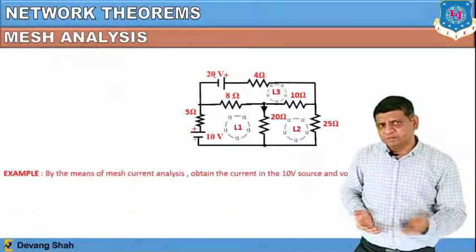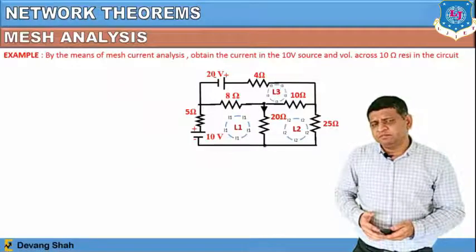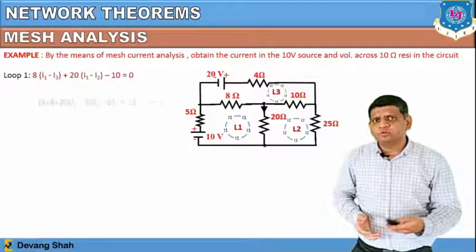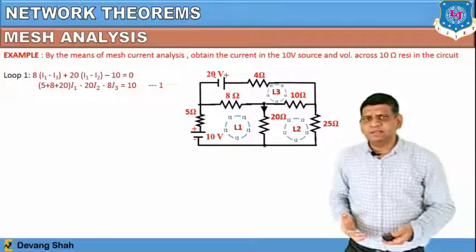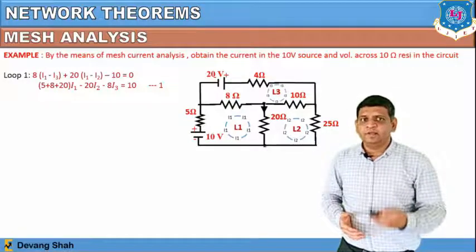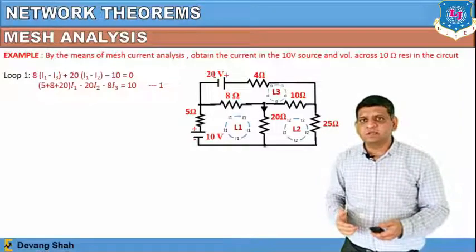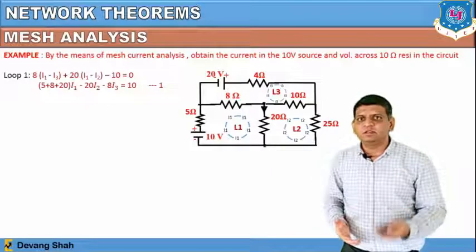Now one example we can see here: the same circuit, where we have just put in the values of resistance and voltage source. Once you apply mesh analysis from loop number 1, you find the 8 ohm resistance, where 2 currents are passing. If you consider loop 1, that means you yourself are I1 and the I3 current is opposing.